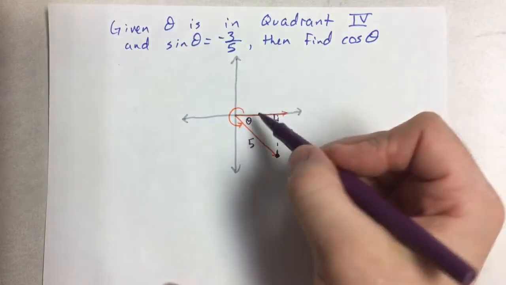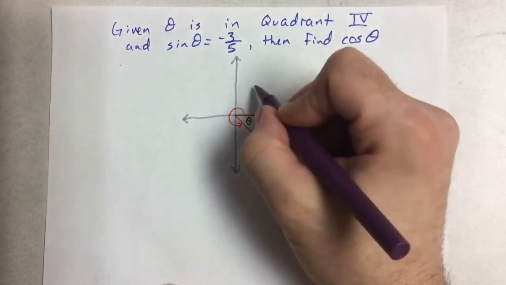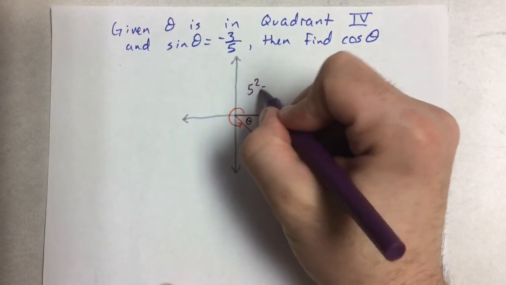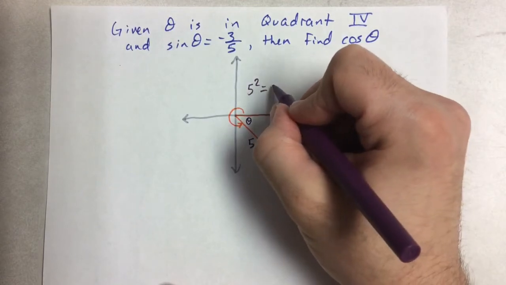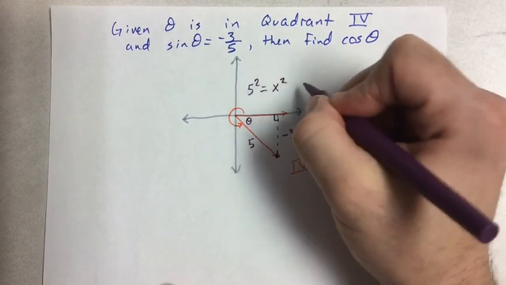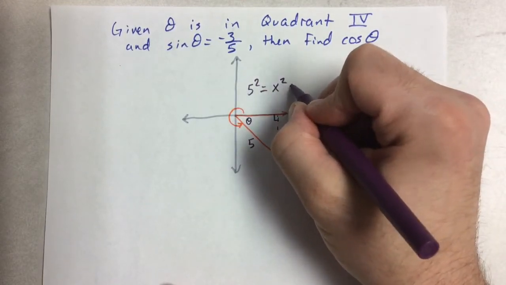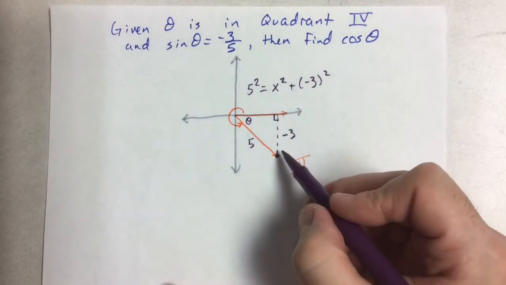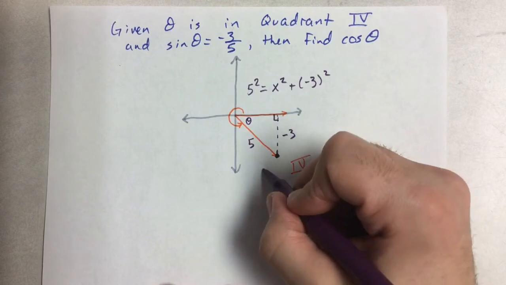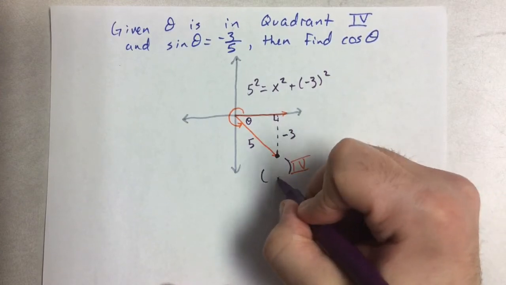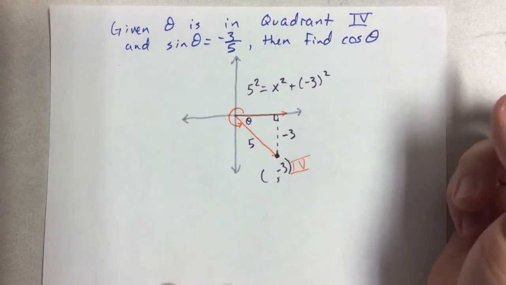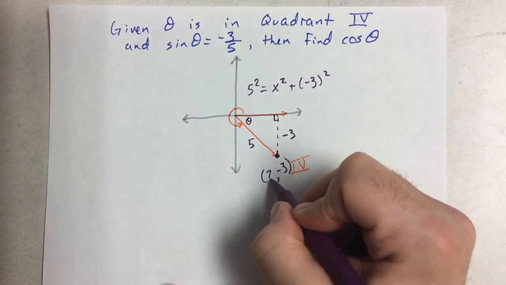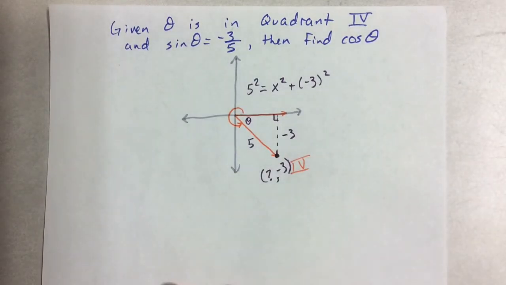So for cosine, we need this adjacent. Well, we know how to find it. We'll say 5 squared equals, I'll use this as x squared since that's essentially what this is, x squared plus -3 squared. Understand this coordinate, we know that our y component is -3, but we do not know the x component, and that's what's needed for the cosine.